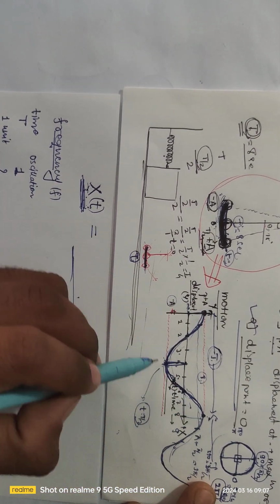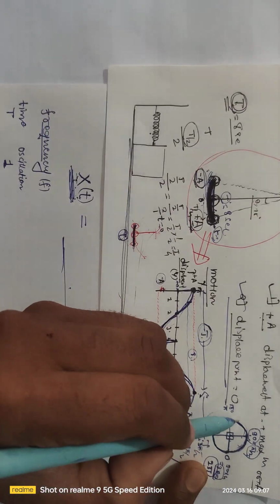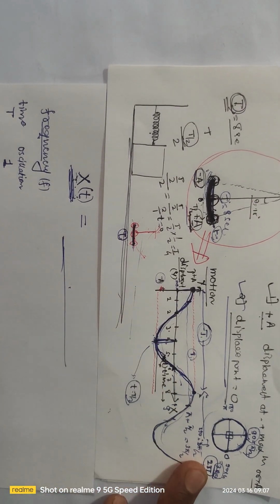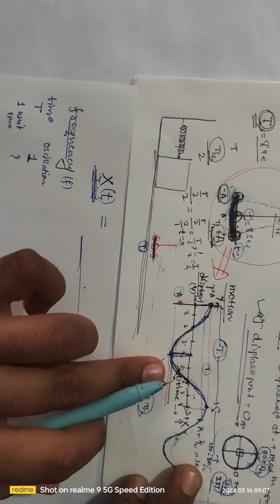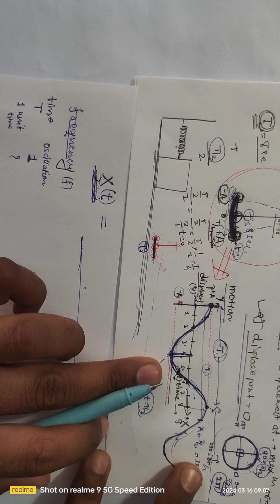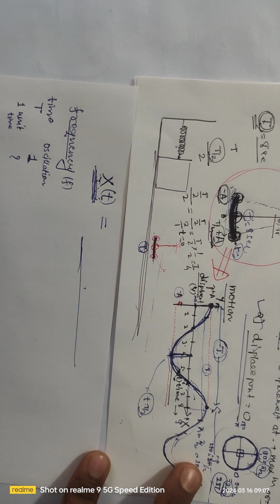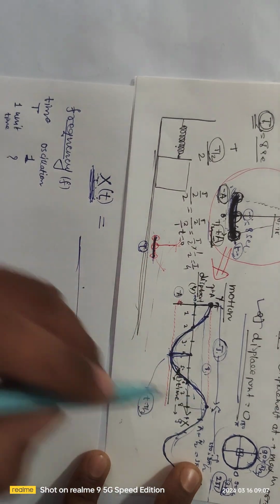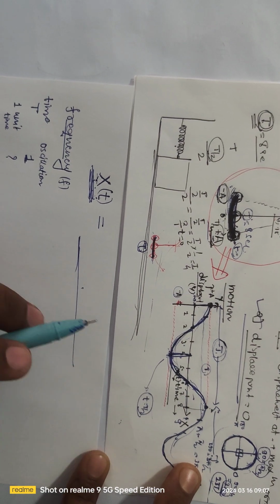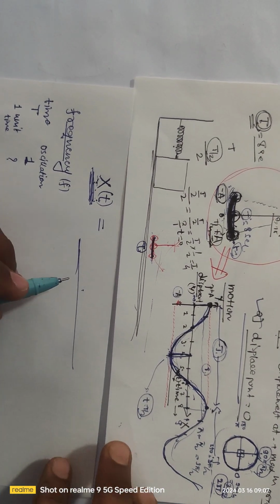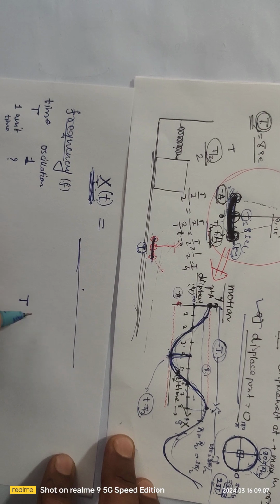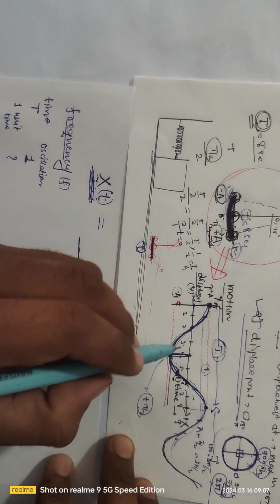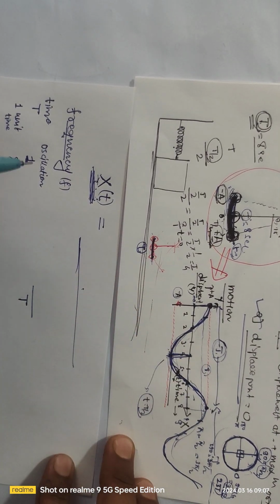In graphical method we can say it is one oscillation, and for one oscillation it will take T time. So the time is the same, T.